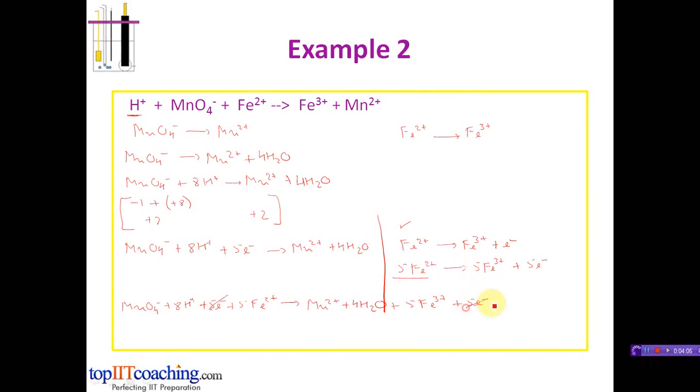These 5 electrons will get cancelled. Since there are no other common species to be cancelled any further, our final equation will be MnO4 minus plus 8H plus plus 5 Fe2 plus will give Mn2 plus plus 4H2O plus 5 Fe3 plus. This is our final balanced chemical equation.